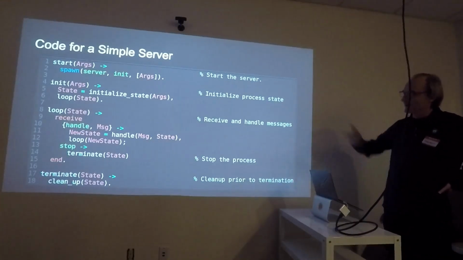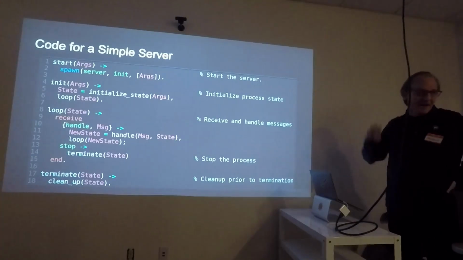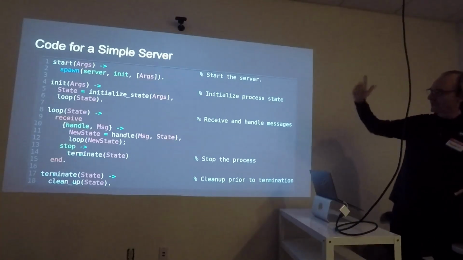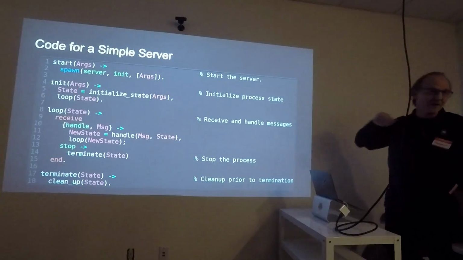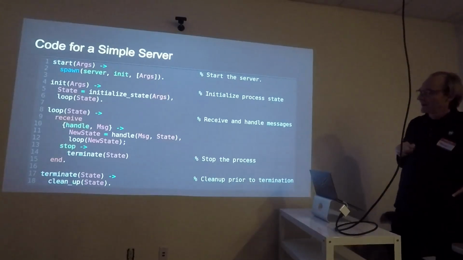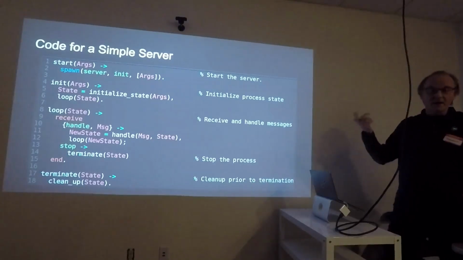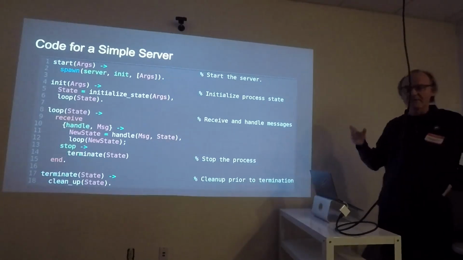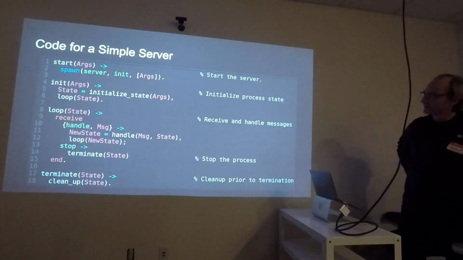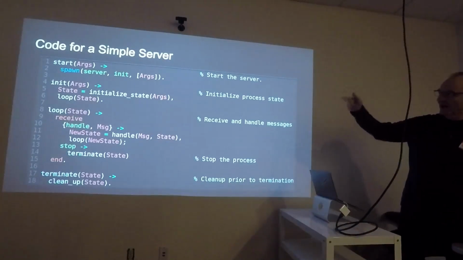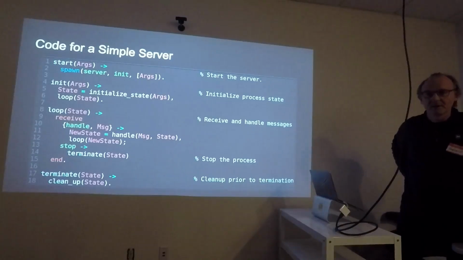And this is kind of Erlang. So in line 1, that's a method to actually start the server, and it might have some arguments. In Erlang, variables start with a capital letter. Everything else, lowercase things, are actually atoms.